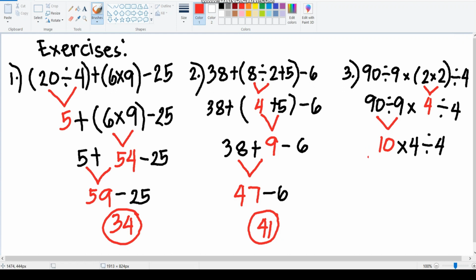So we will start with 10 times 4, that will be 40, and just copy the divided by 4. Now simplify your answer. That will be our last step. Simplify your answer. That will be 10. So our final answer is 10.